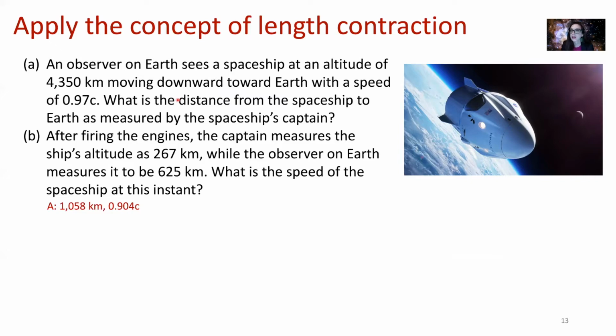What is the distance from the spaceship to the Earth as measured by the spaceship's captain? And then for part B, after firing the engines, the captain inside the spaceship measures the ship's altitude as 267 kilometers, while the observer on Earth measures it to be 625 kilometers. What is the speed of the spaceship at this instant?